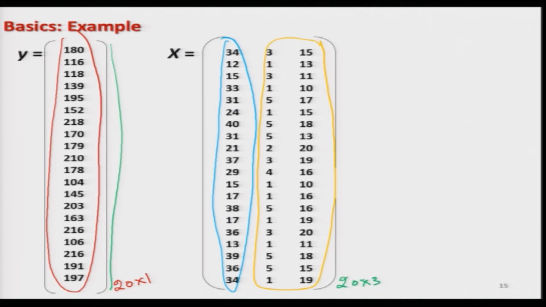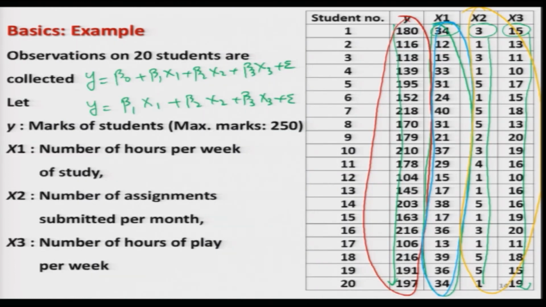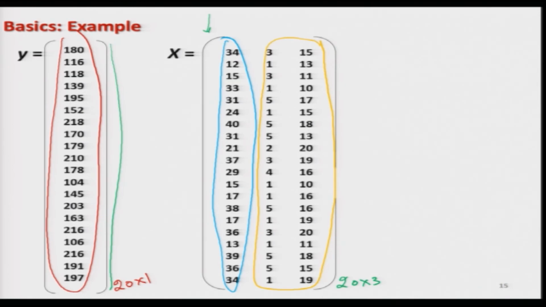And if you want the intercept term, just insert one column with all the values 1. But anyway, I will show you that at a later stage. So, this is how we are going to collect the data, and this is how we are going to indicate it in terms of our symbolic notations.